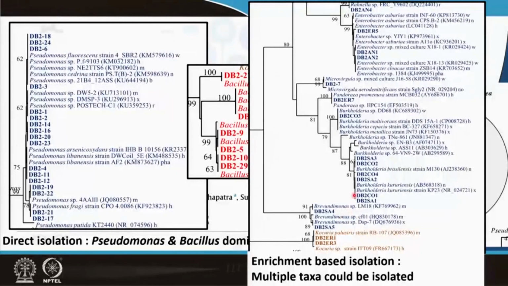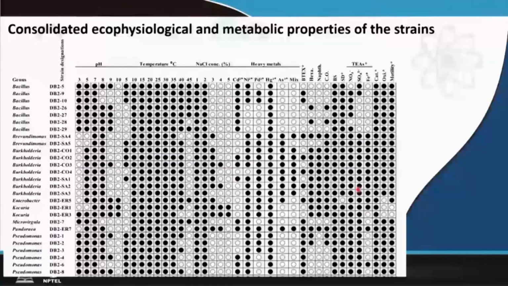And it is interesting that members of Pseudomonas and Bacillus were not so well represented with this enrichment based procedure. So, that clearly defined how the direct isolation procedure and the enrichment based isolation procedure could lead to the isolation of entirely different organisms, which could be more useful to understand environment relevant processes.